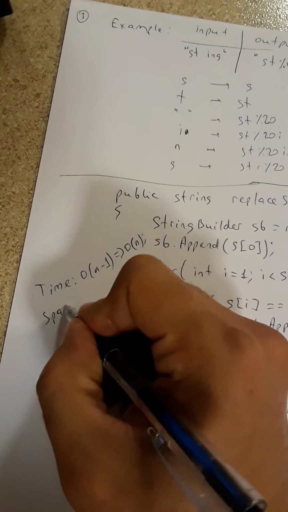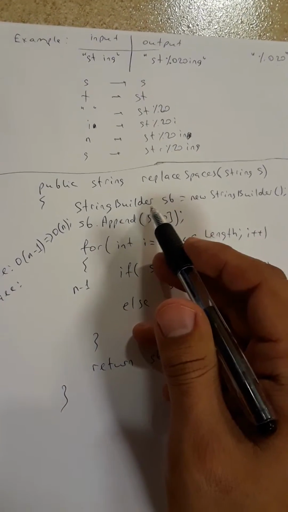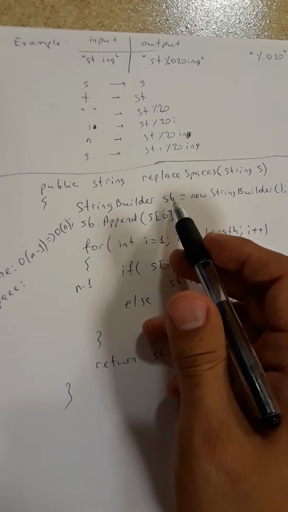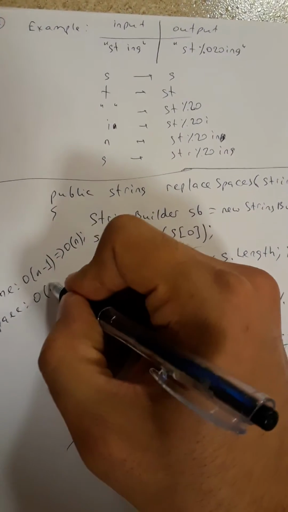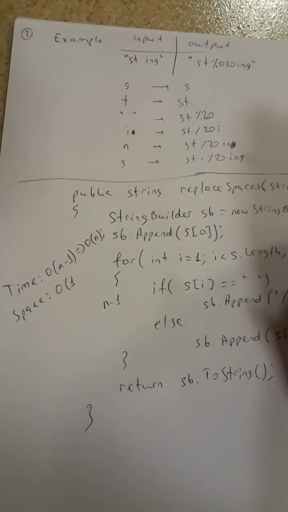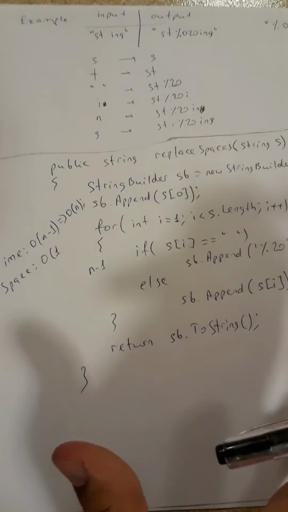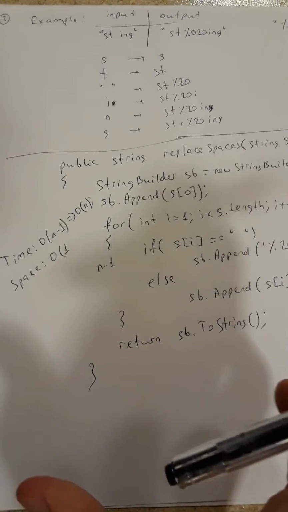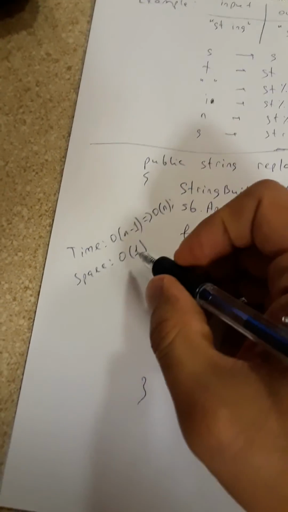And space complexity: here I'm using the string builder. Since string builder is not a data structure, I will assume that since we are always given particular memory for a string builder, and it will always modify it once it reaches the end, I will assume it as O(1) constant.